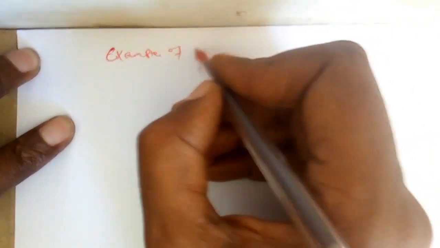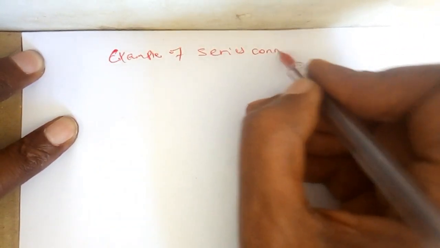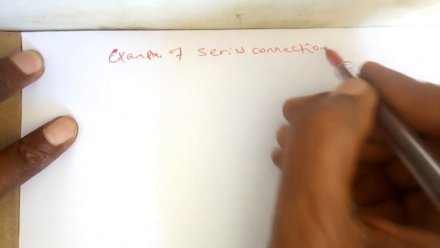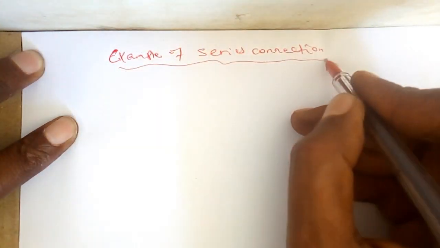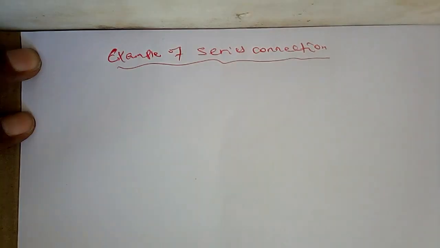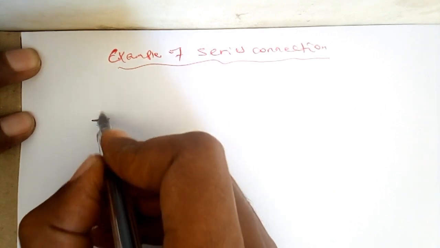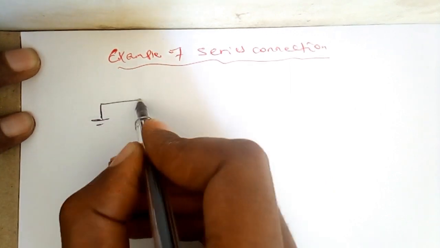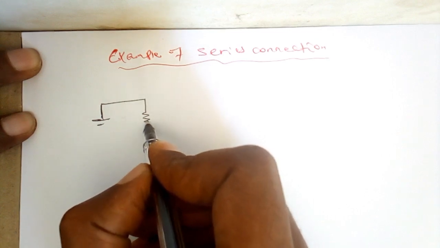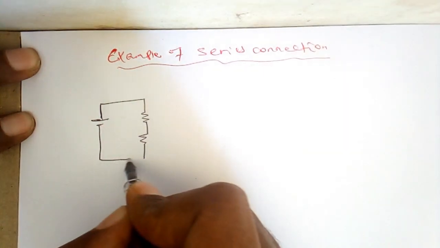If these components, the resistors or loads, are connected in series, what will be the current? What will be the voltage? What will be the power? Let's take an example and discuss. Let's take this circuit.